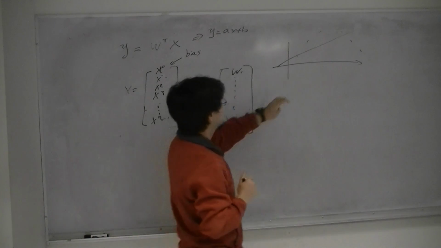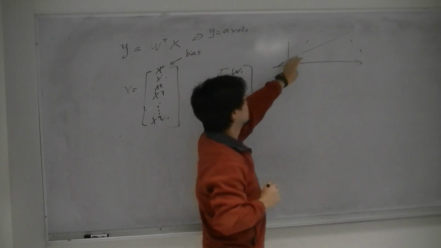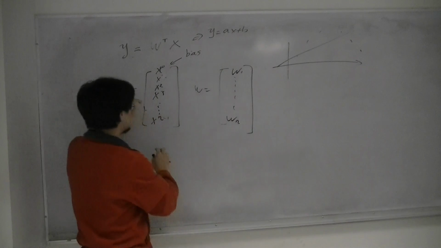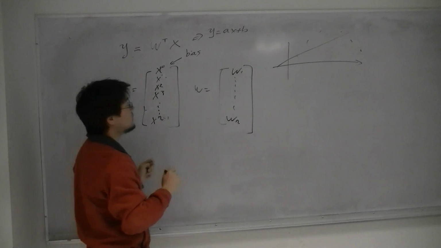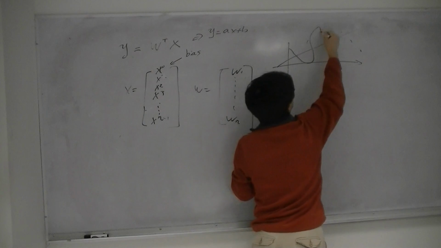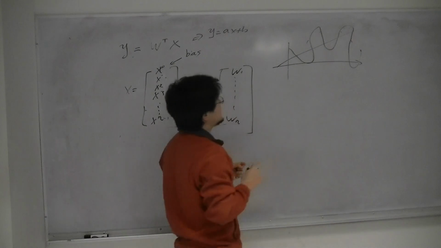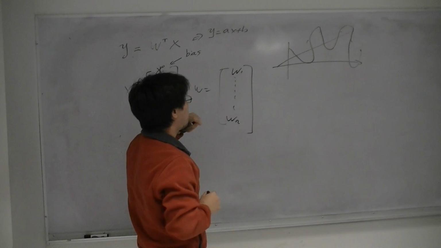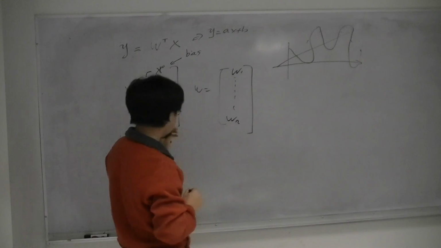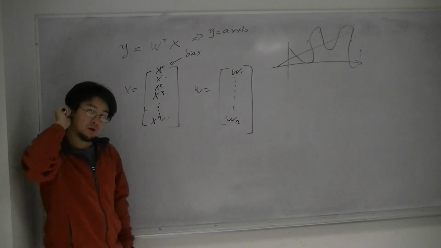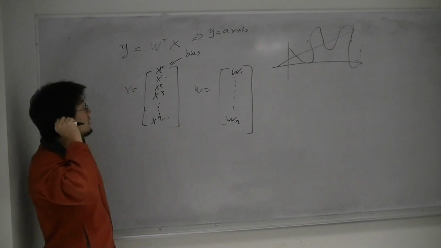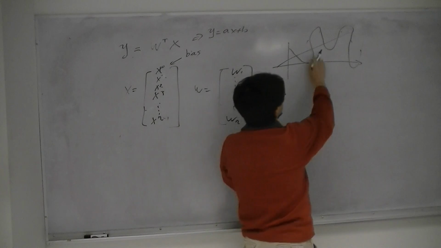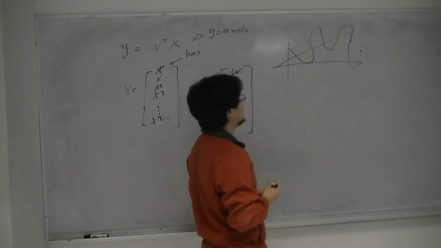In this case, apparently, the proposed model cannot fit the curve at all. Or we can choose a very high order, maybe 5. So we are going to have something probably like this, which can pass all the data points. That has a very low root mean square error during training. But during testing, it probably is not a good model at all.